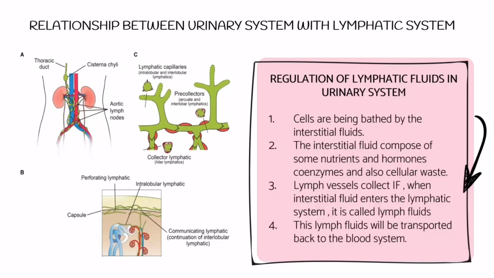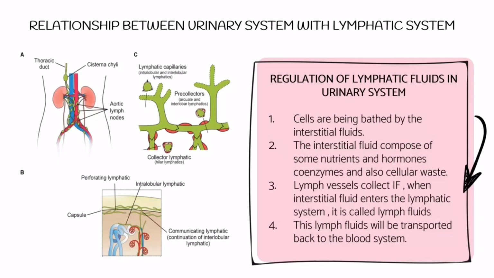As we know, each cell in our body is surrounded by the interstitial fluid that contains some proteins, some nutrients, and also enzyme and coenzyme. Besides that, interstitial fluid is also the site where the cells release their waste. The lymph vessels located within the interstitial fluid will collect it.